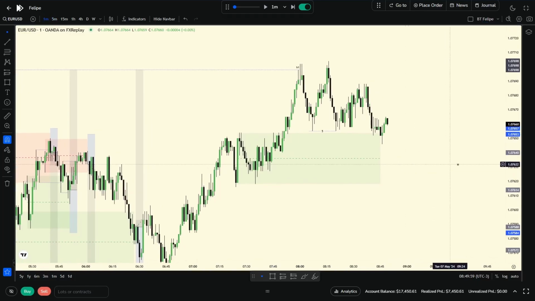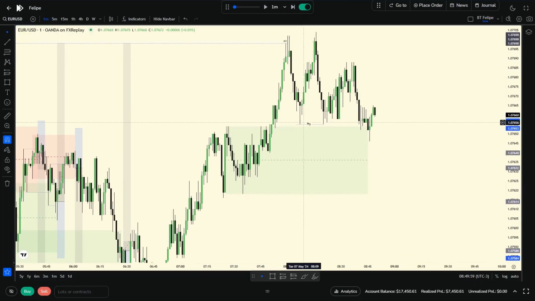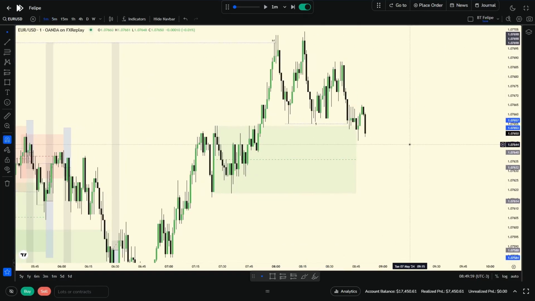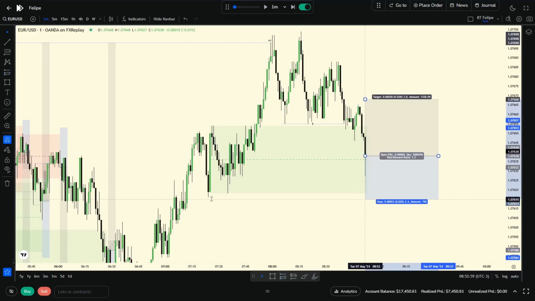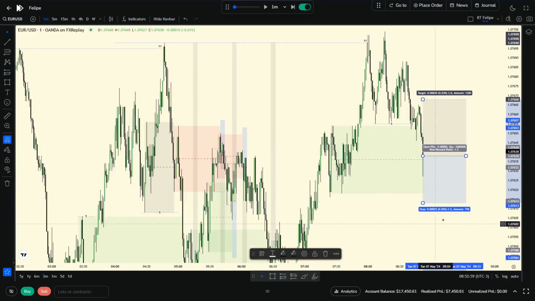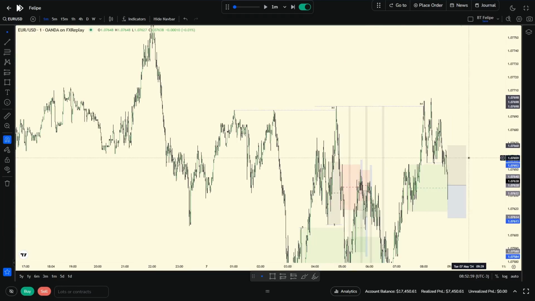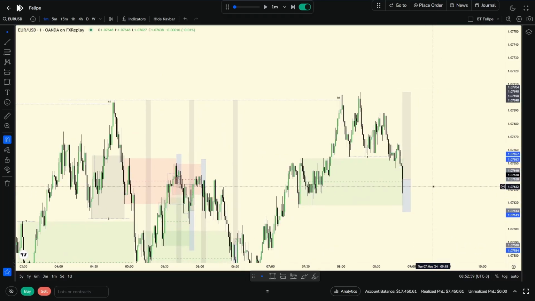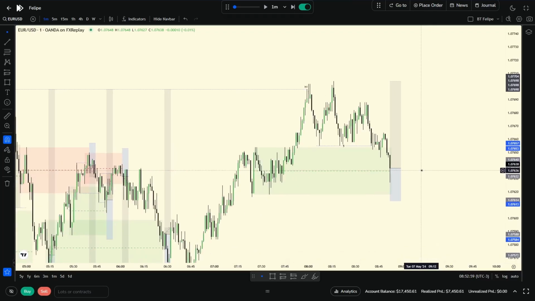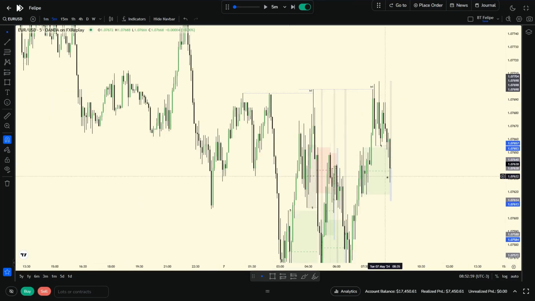POI, too long. Maybe I can long now. 25 points. 2.6864. Maybe I should wait for engulfing.